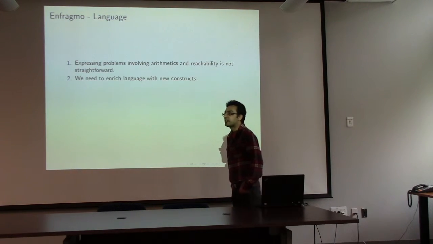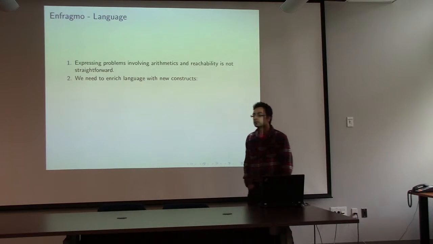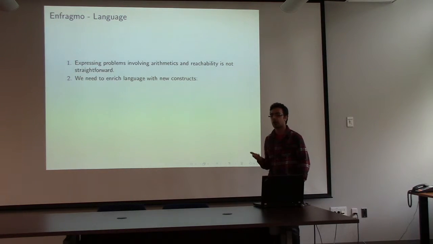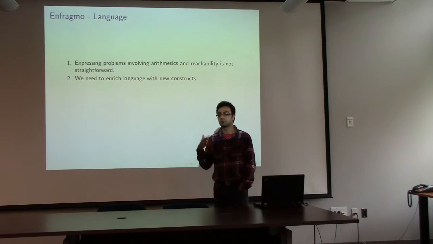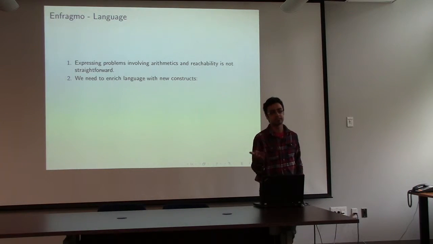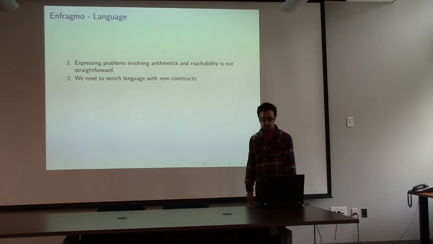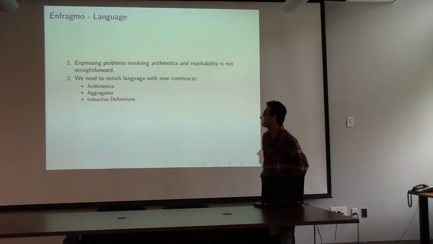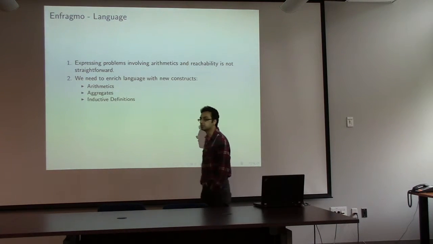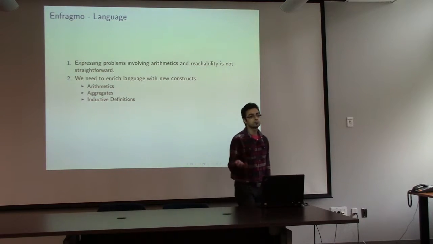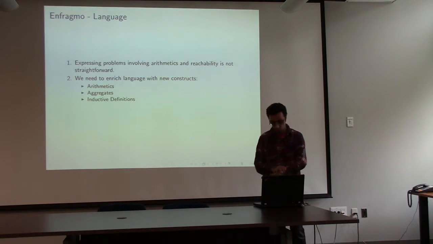For example, if we have arithmetic or cardinality, it's not really easy to describe these problems in existential second order logic. It's going to be very messy. So that's why we decided to enrich our language with arithmetic, aggregates, and inductive definitions. These constructs enable us to describe our problems more efficiently.